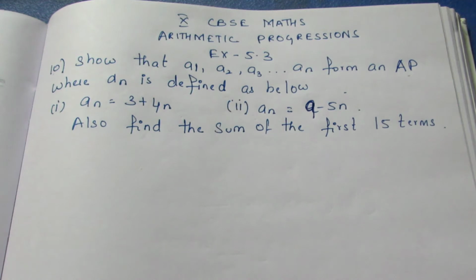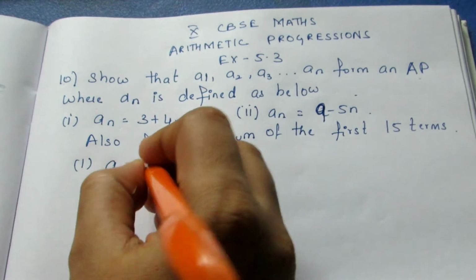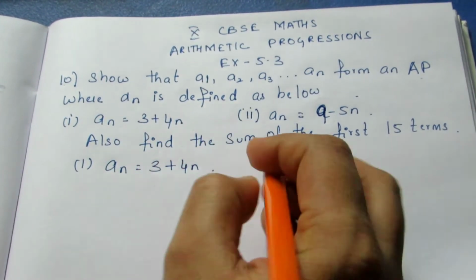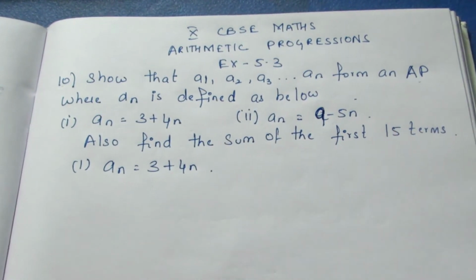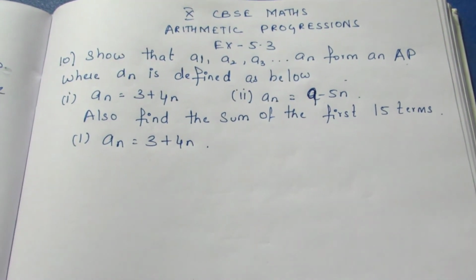They have asked us to find whether this is an AP, and also to find the sum of 15 terms. First we'll see whether the first sum, that is an equal to 3 plus 4n, is an AP or not.